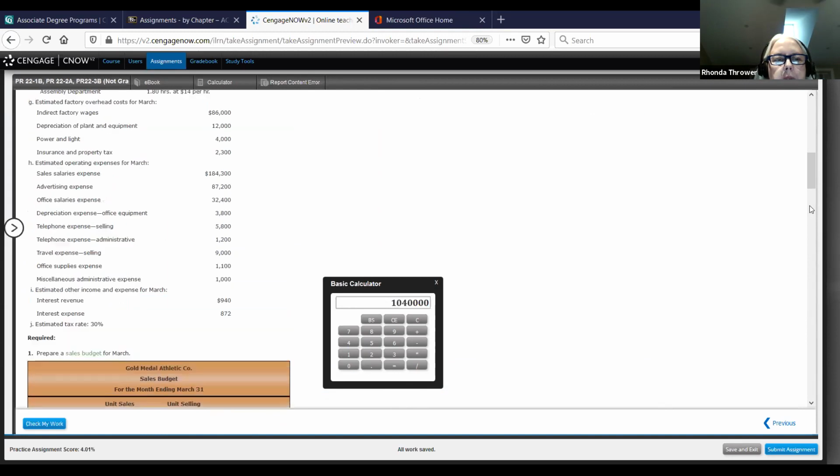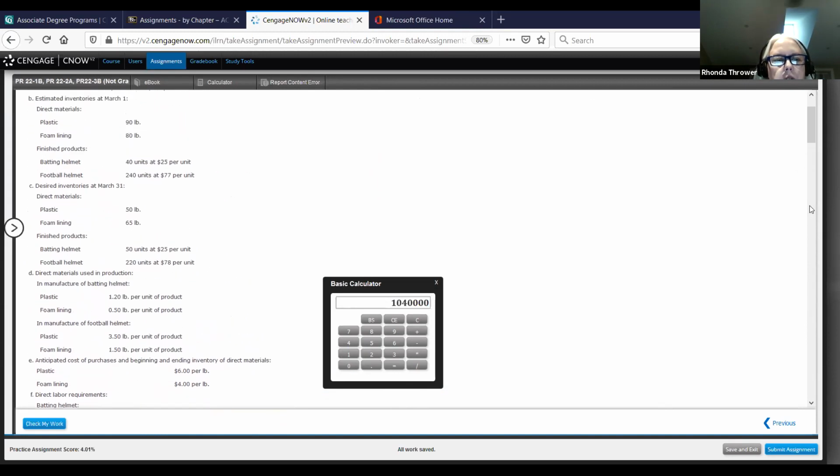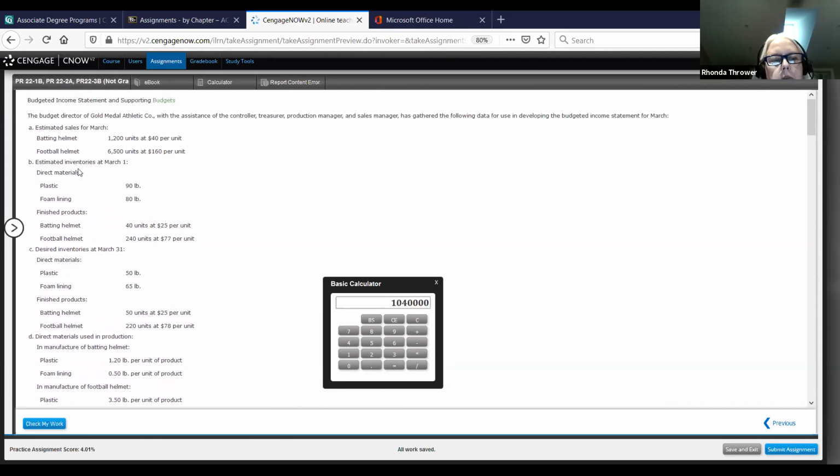So we're going to go back up to our information here, and look for our estimated beginning inventories, the finished products. And you can see that they had batting helmets at 40 units, football helmets at 240 units.